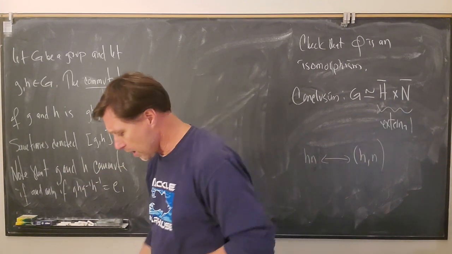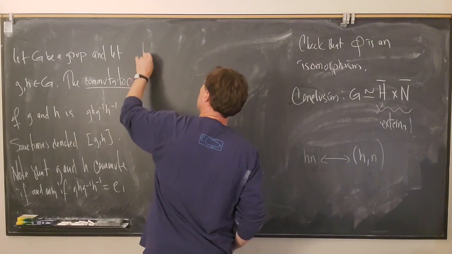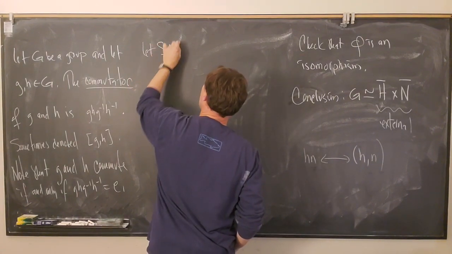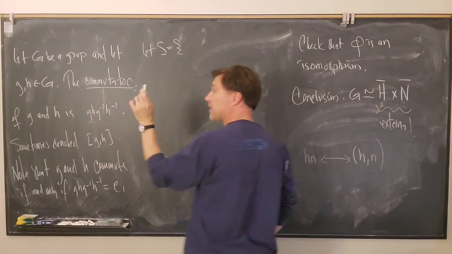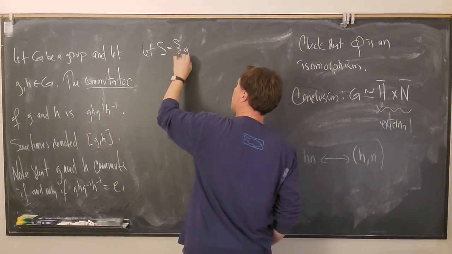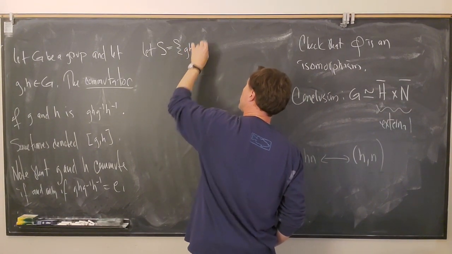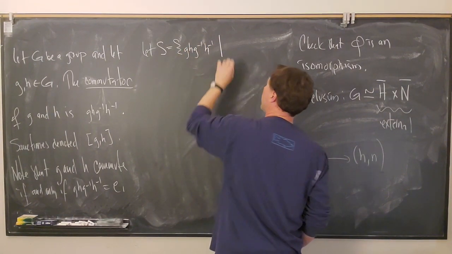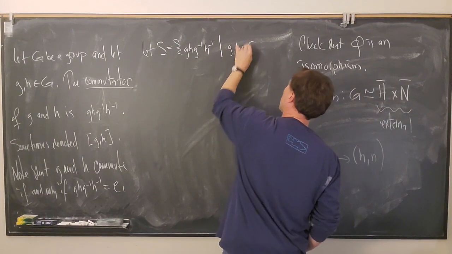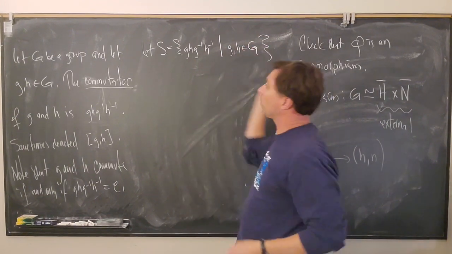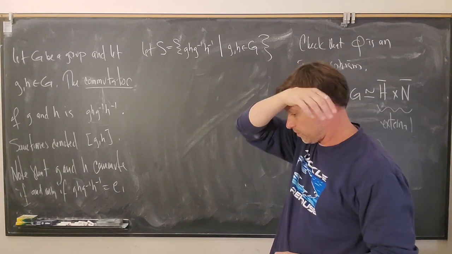Now, let S equal the set of all possible commutators that we can form in G. So that'll be the set of all g h g inverse h inverse, where we let little g and little h run through all of G. So form all possible commutators.